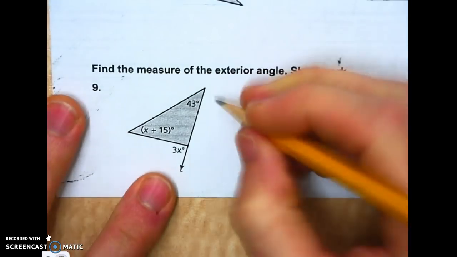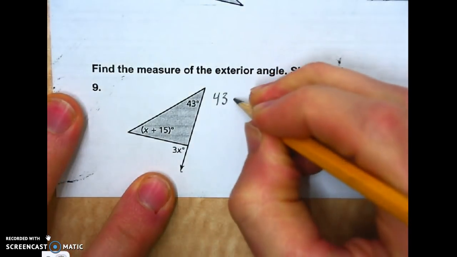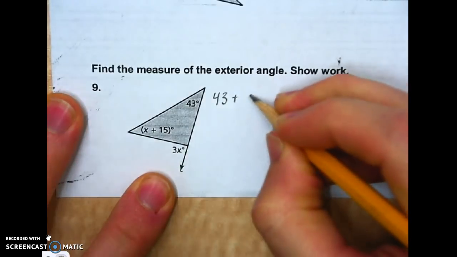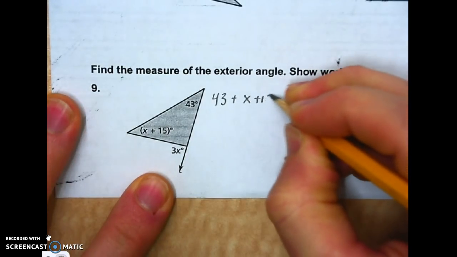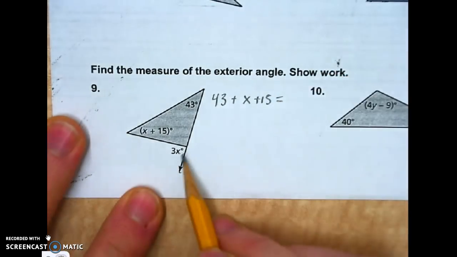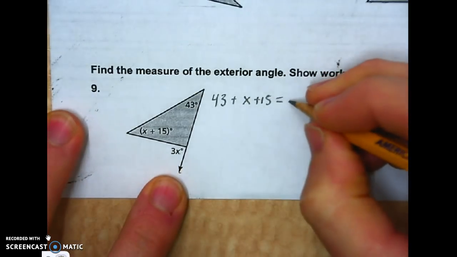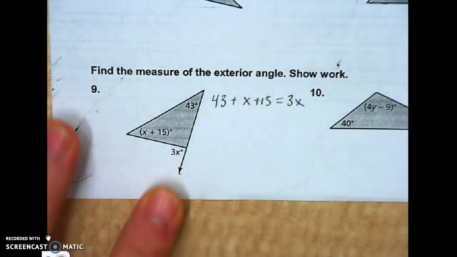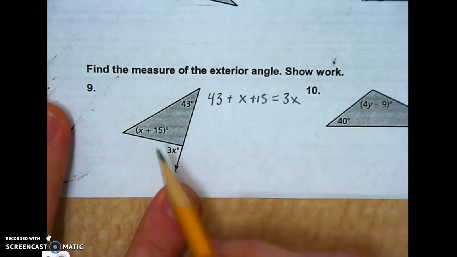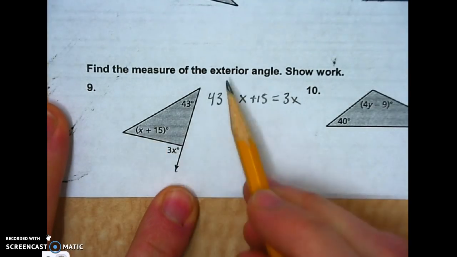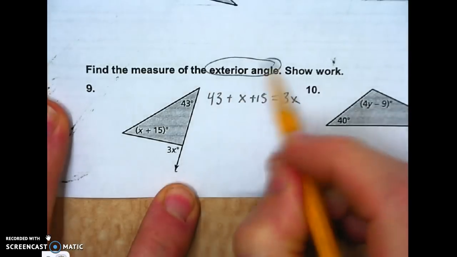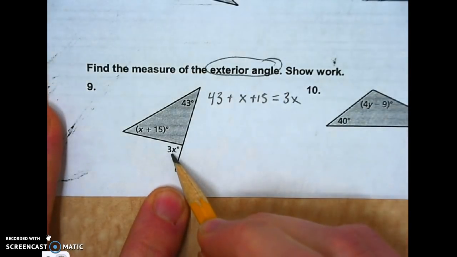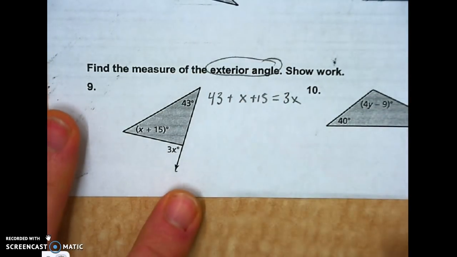So to set this one up, I'm going to do the two inside angles, 43 and x plus 15, don't need the parentheses, and set that equal to the exterior angle, 3x. This one we will not need to fill in this inside angle. It just wants the exterior angle. All it wants to know is how many degrees is this. So once we get x, we'll plug it in.